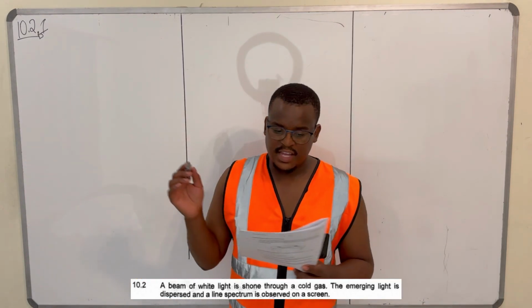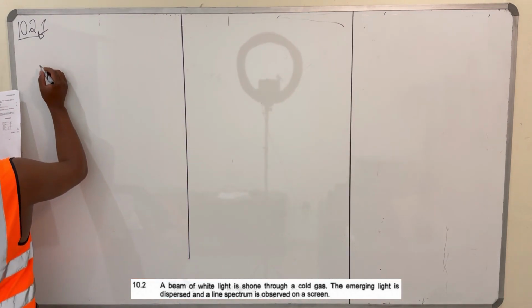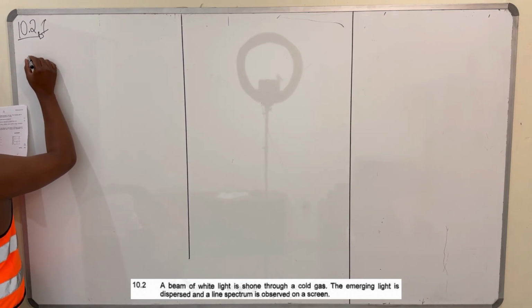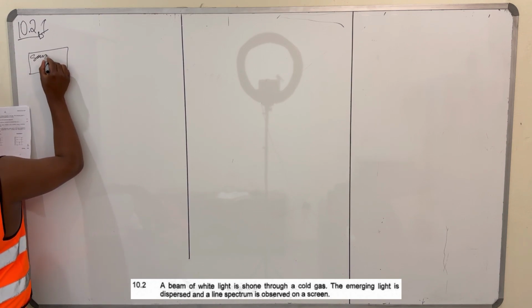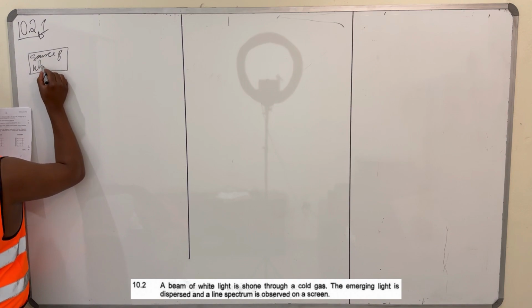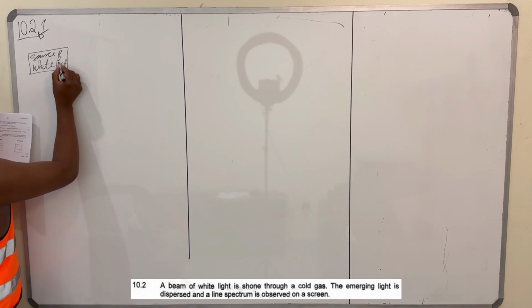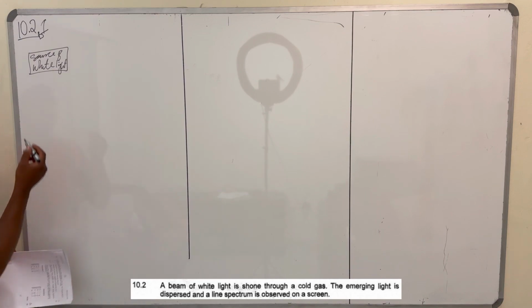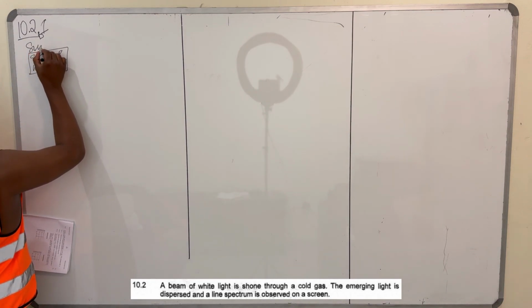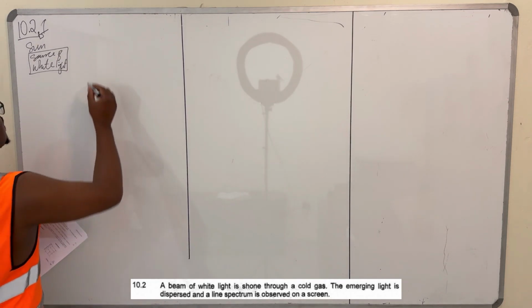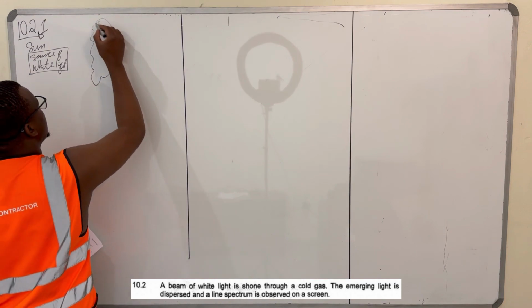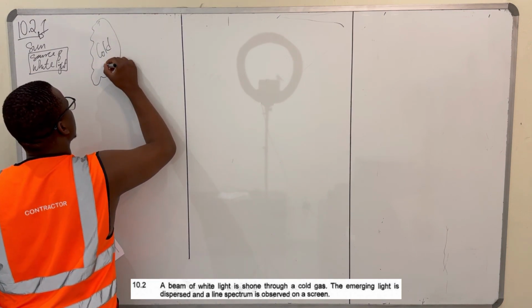So here is what they are saying. You have, let's say, this is the source of white light. White light, for example, let's say the sun, because white light is basically light similar to that of the sun. It's passed through a cold gas. This is a cold gas here.